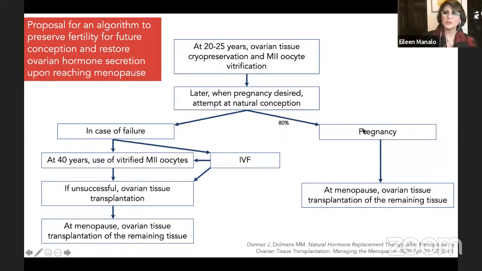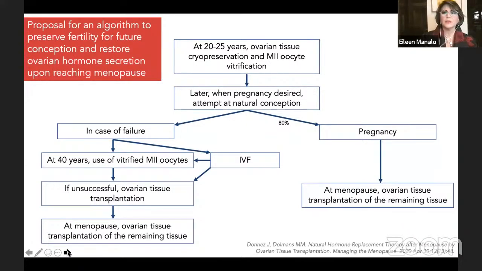Once the patient is done with their pregnancy, at menopause, you can use the ovarian tissue that you stored for transplantation in order to delay the menopause. If pregnancy doesn't ensue naturally, then that's the time you use your vitrified oocytes and proceed with IVF. And if that doesn't work, then at least you still have your ovarian tissue that you can use to delay the menopause.